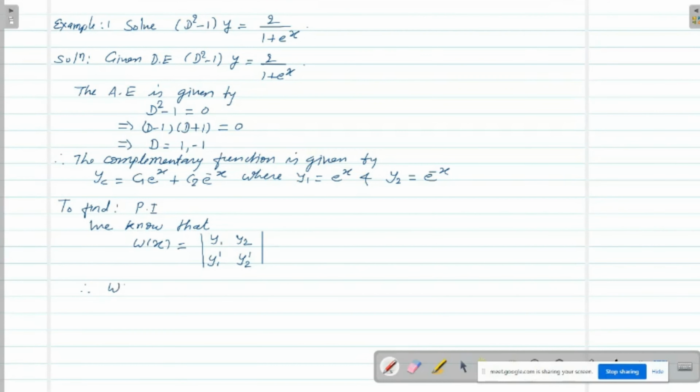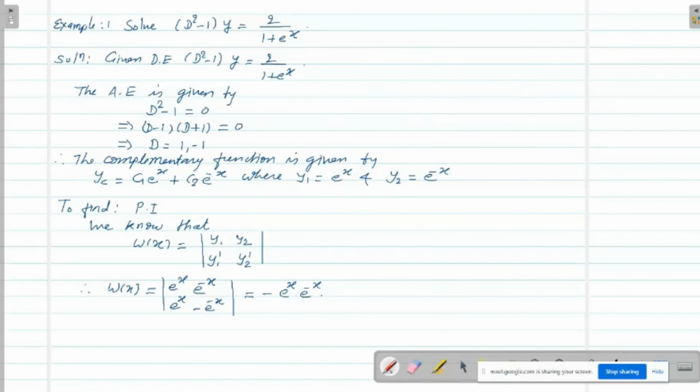So W of x equal to the determinant: y1 is e raised to x, y2 is e raised to minus x, derivative of y1 is e raised to x, and derivative of y2 is minus e raised to minus x. Now we find the determinant of this. Just cross multiply, so we will get negative e raised to x into e raised to minus x, minus e raised to x into e raised to minus x.